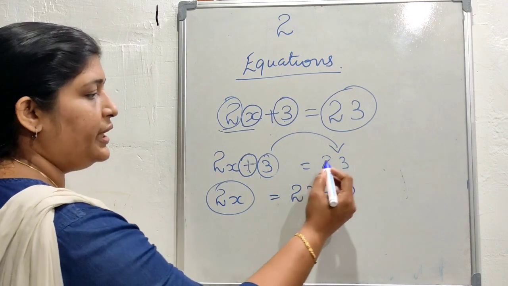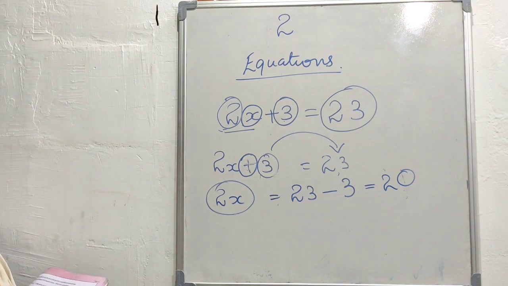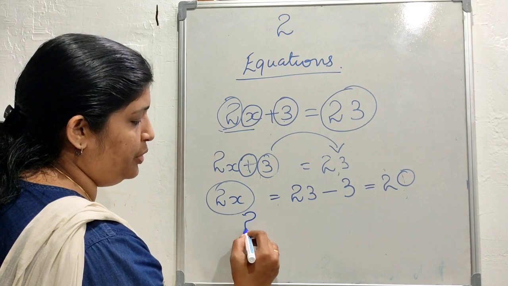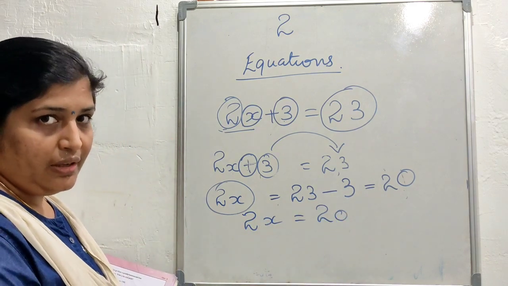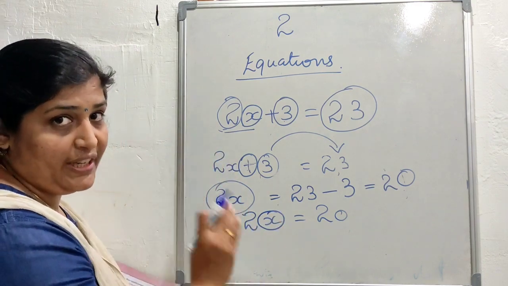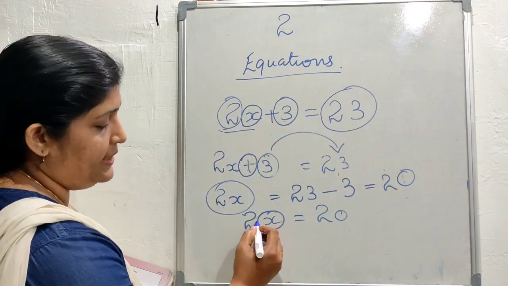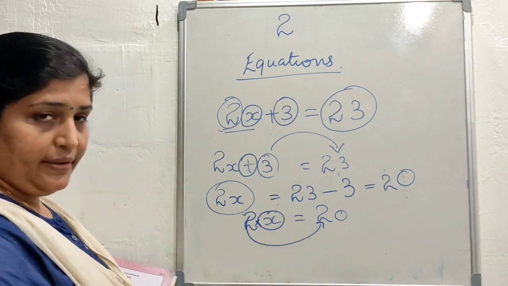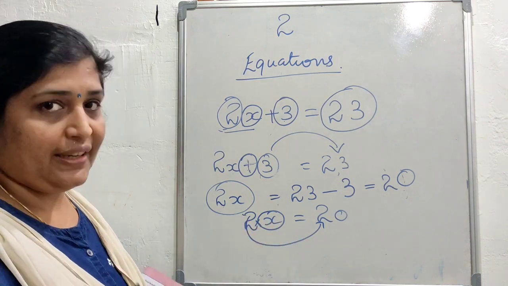So 23 minus 3. What is 23 minus 3? That is equal to 20. So we have 2x is equal to 20. We need the variable on only one side and the numbers on the other side. For that we need to move this 2 to the other side. 2x means it is actually 2 into x.